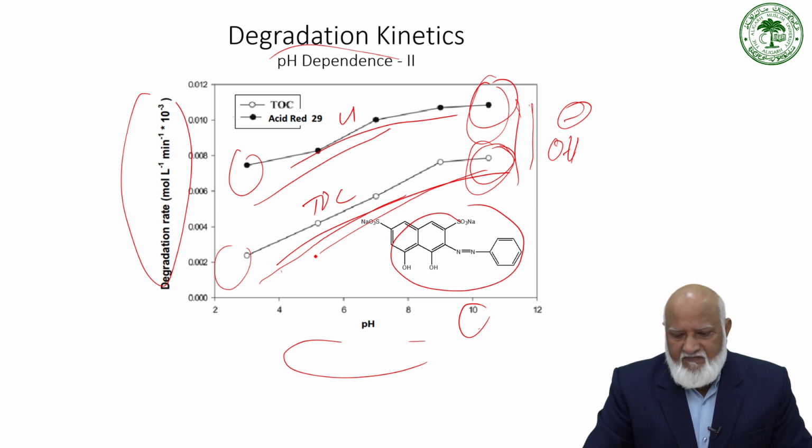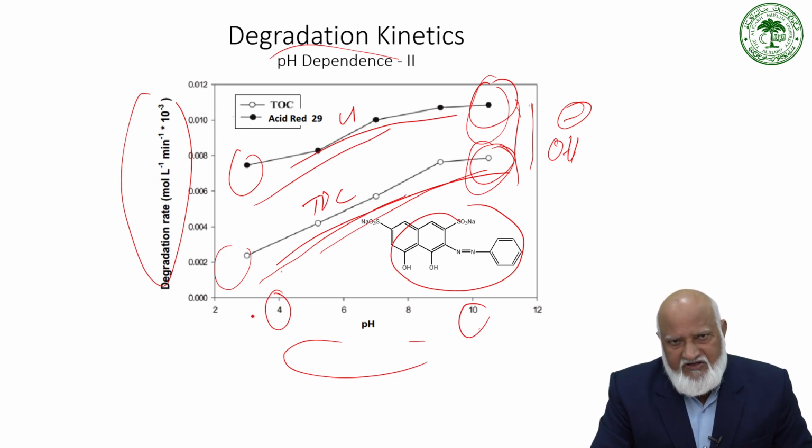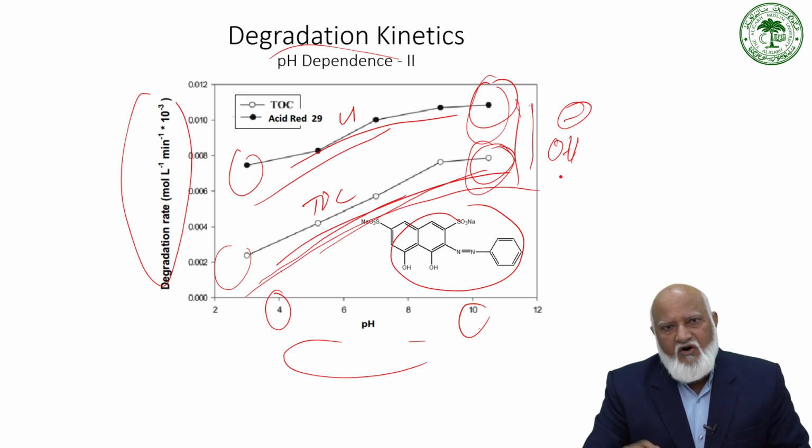Say, for example, we have done the reaction at pH 3; we see that the pH of the reaction mixture remains 3 throughout the reaction.